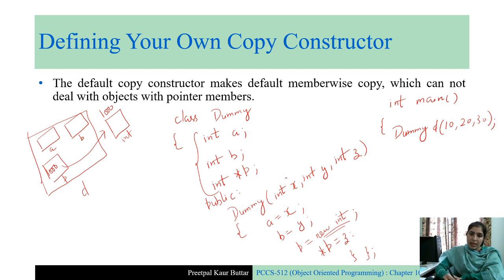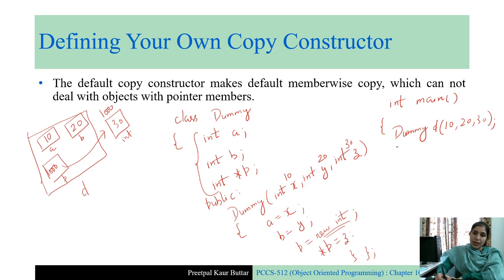So this 10 will be copied to this formal parameter x, 20 will be assigned to y, and 30 will be assigned to z, and a equal to x, so a will be 10, b equal to y, b equal to 20, and star p, that is the memory to which p is pointing, is equal to z. So this will be equal to 30. So this is happening.